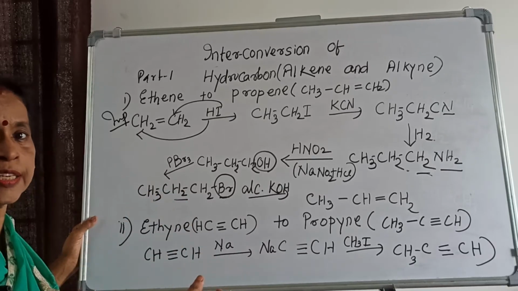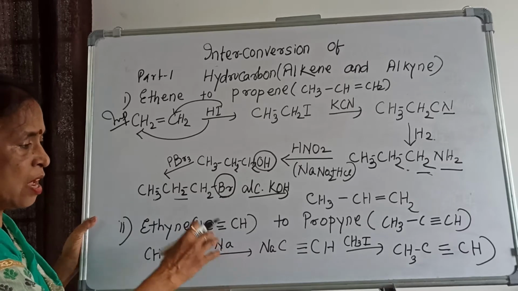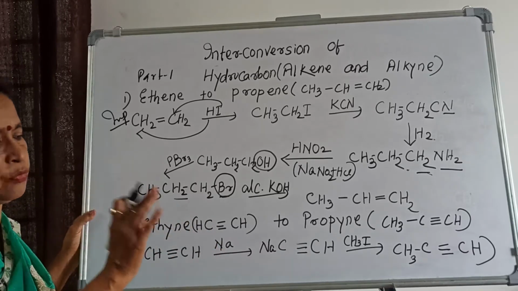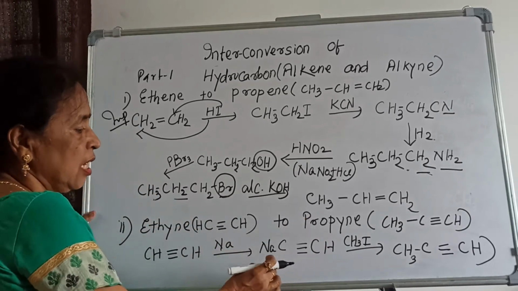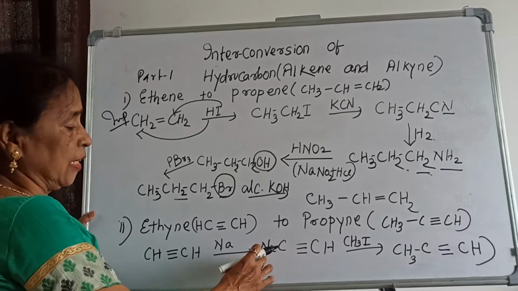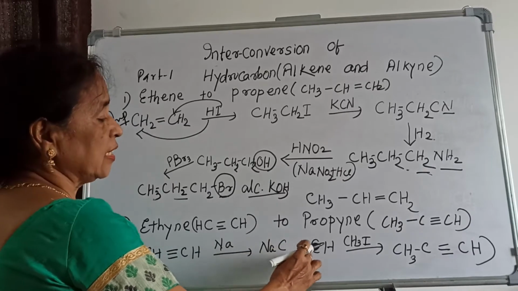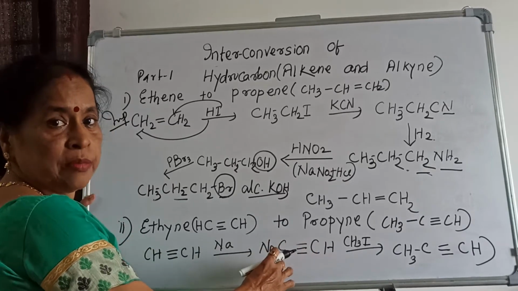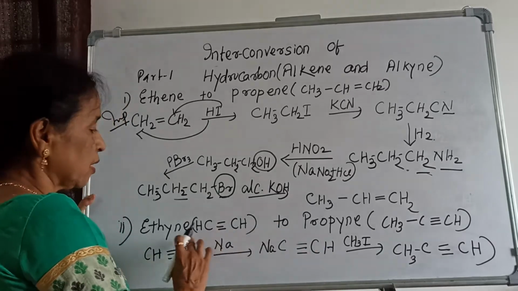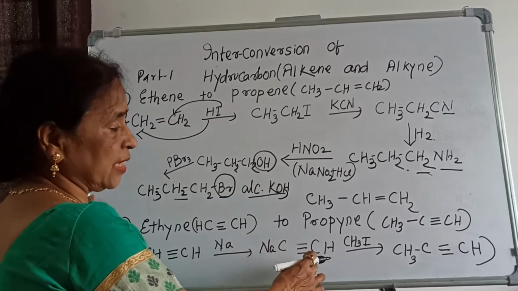If further treated with sodium, these 2 hydrogens are replaced by sodium. Now only 1 hydrogen is sufficient for the answer. See here, this hydrogen is replaced by sodium. So what is the name? Sodium acetylide. The common name is very famous, sodium acetylide.